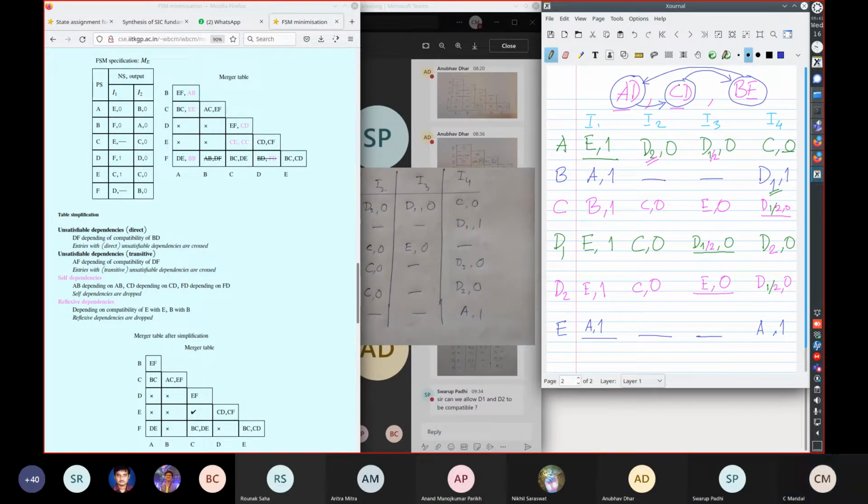You split D so that D1 can merge with A and D2 can merge with C, where A and C are incompatible. So you make some choices for D1 and some for D2, which make them incompatible with each other so that they can in turn be compatible with A and C respectively.